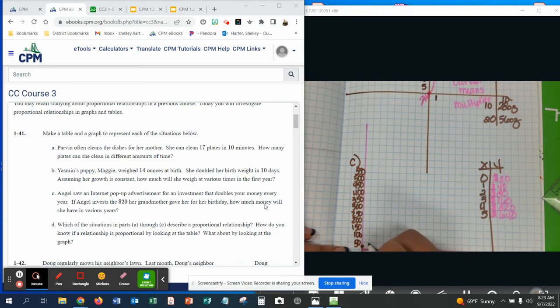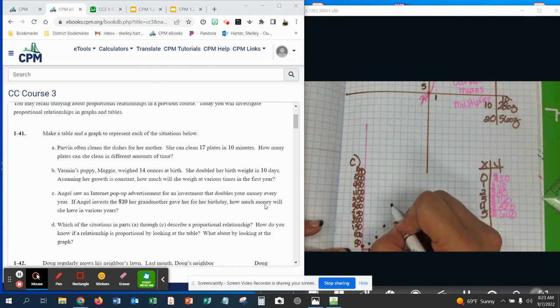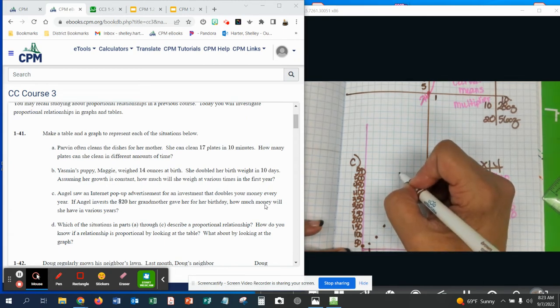So 0 and 20 is here, right? 1 and 40 is here. 2 and 80 is here. 3 and 160 is right here. 4 and 320 is right here. And then 5 and 640. I didn't even make a spot for 5. That's 550, 600, 640.